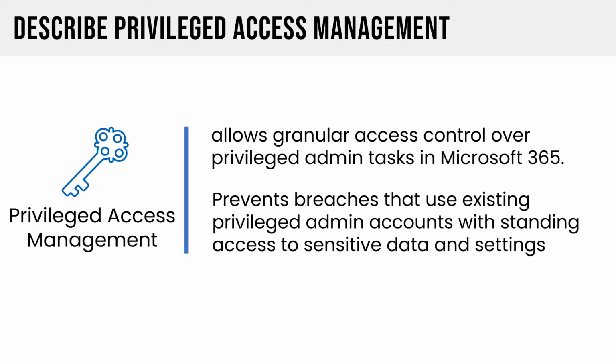It prevents breaches that use existing privileged admin accounts with standing access to sensitive data and settings. So it's about granular access control over tasks. PAM focuses on tasks. Remember that for the exam. And making sure we don't have accounts out there with standing access to sensitive data and settings.